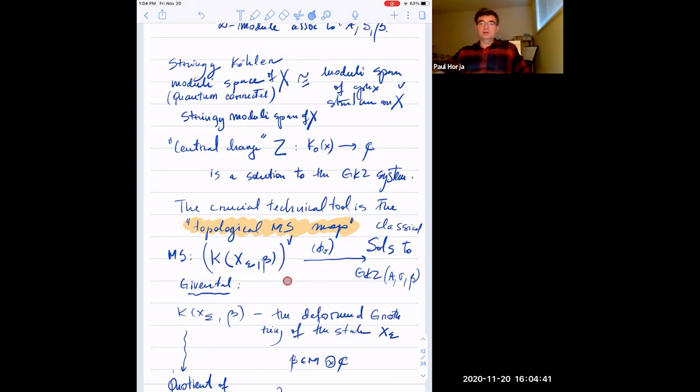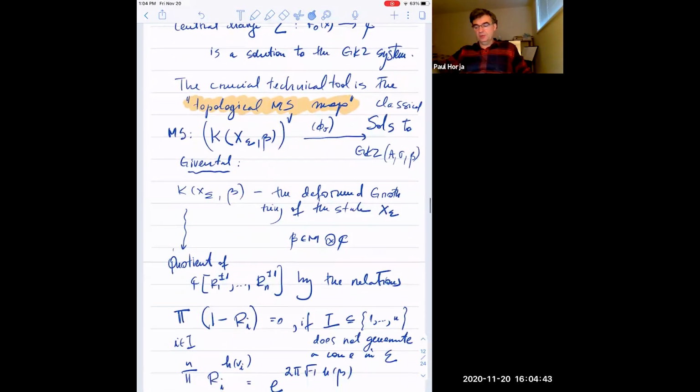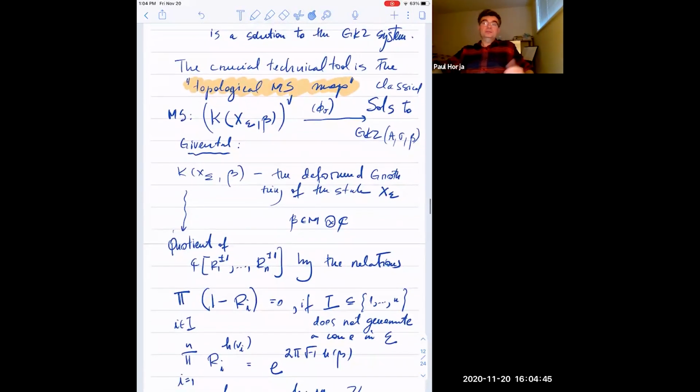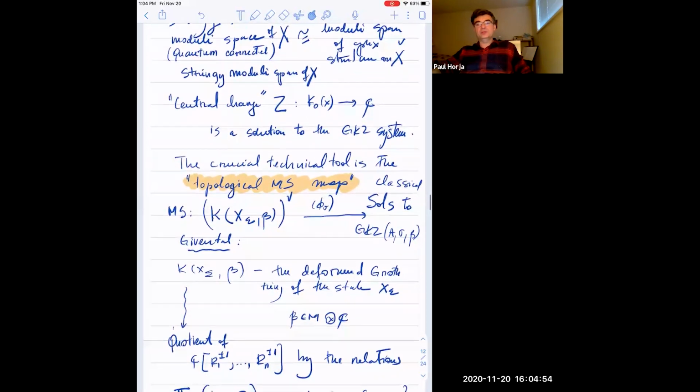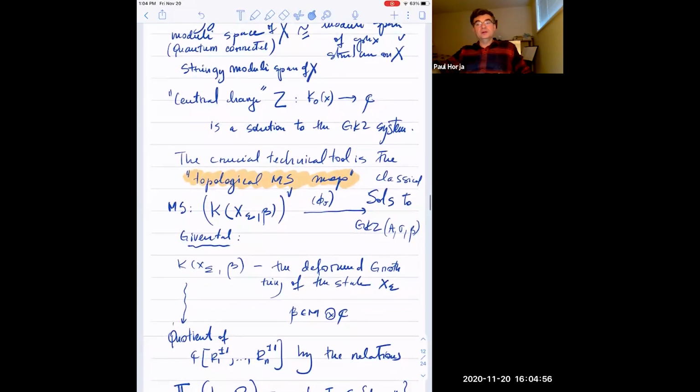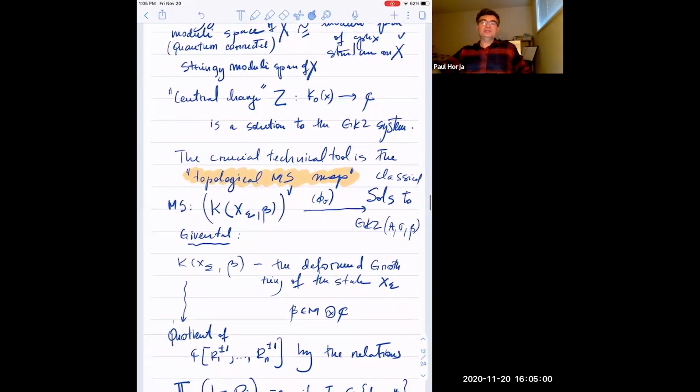So the only link I'm aware of is, in fact, what I called, and that's just my terminology, the topological mirror symmetry map, which goes from the Grothendieck group of the toric stack, in fact from the dual, to solutions to this GKZ system.